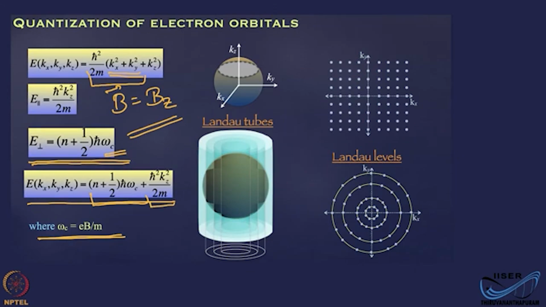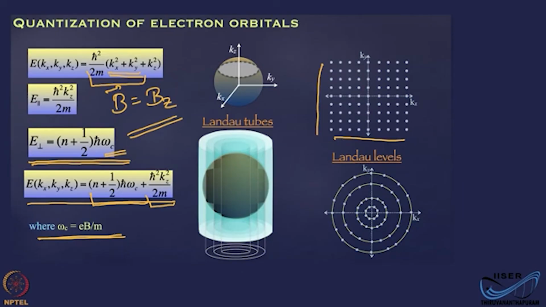That term is separate. So now, if you look at what has happened to these states in the K space, you have a uniformly distributed periodic set of states in the K space. Now, this kx and ky are no more a good representation.